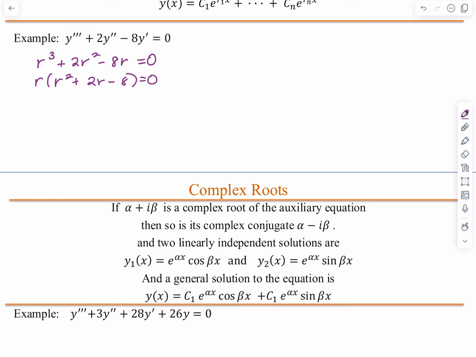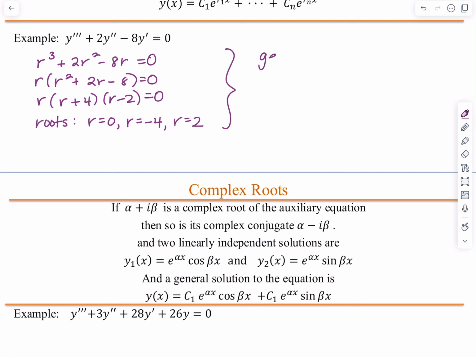And then, of course, we have r times r plus 4 multiplied by r minus 2 is equal to 0. So our roots of our auxiliary equation are r equal to 0, r equal to negative 4, and r equal to 2.